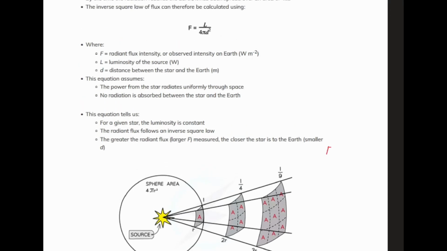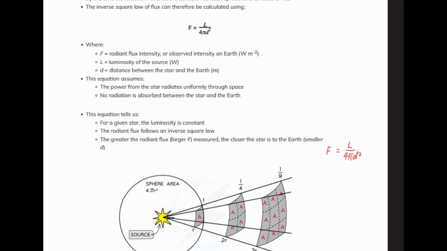You see our formula is F equals L over 4 pi d square. One of the easiest ways to do it is to imagine the question says the luminosity is constant. So L is constant, and of course 4 pi is also constant.